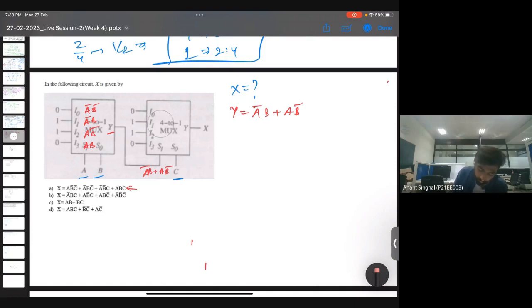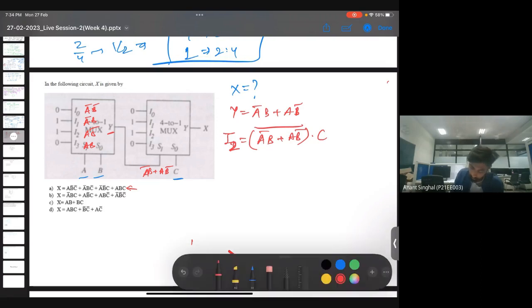So if I try to write, I'll try to write I1 of this. I1 will be nothing but A bar into C. I1 will be A into B bar. Okay, sorry, so this will be I2. I1 is 0, 1 only.